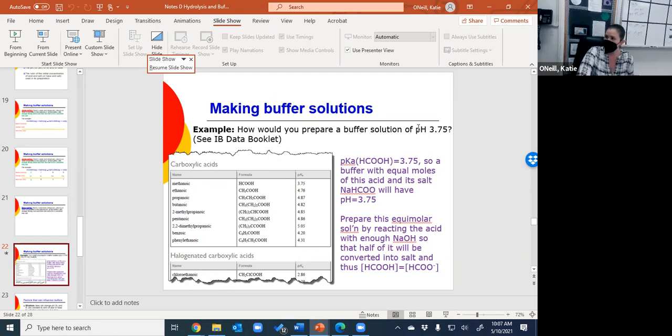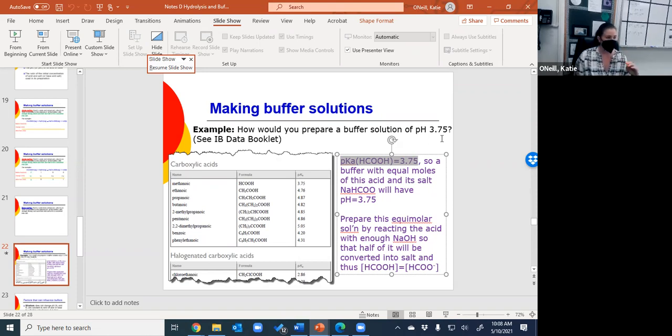First of all, since the pH is 3.75, we're going to start off with picking an acid that has a matching pKa. The goal is for the pH to equal the pKa, so then we'll have to get into the volumes to use. We want the pKa to be 3.75 because we want a pH of 3.75.